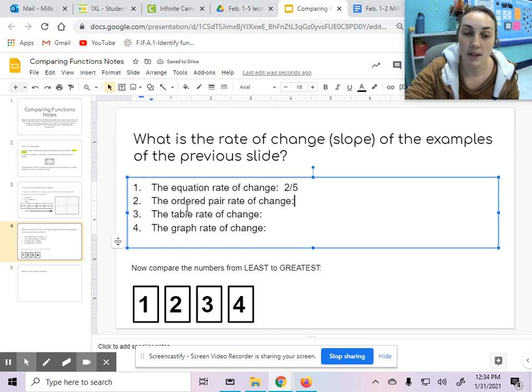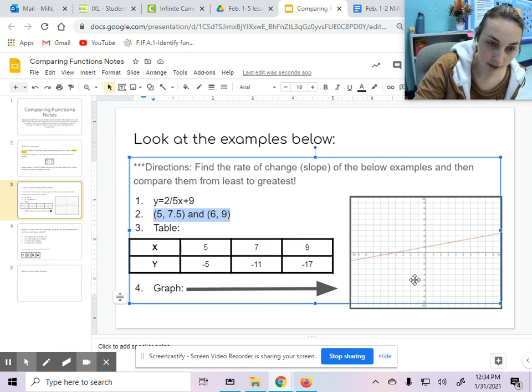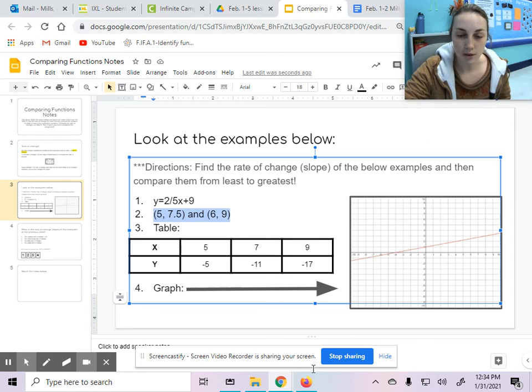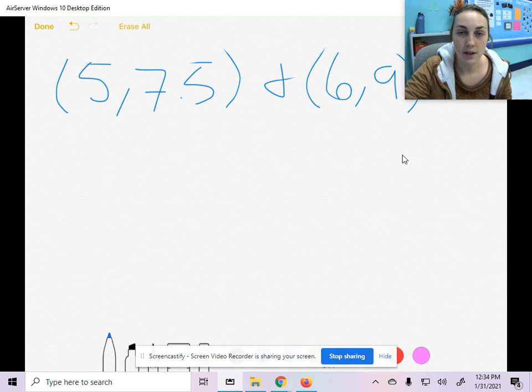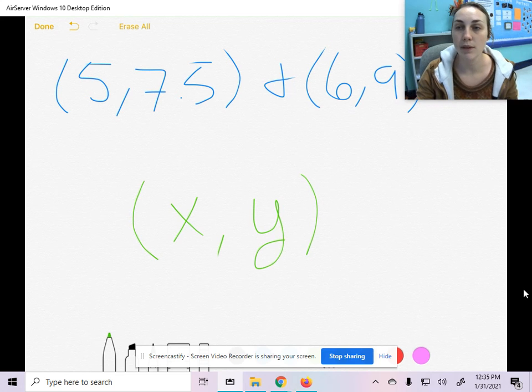Next we need to find the rate of change of an ordered pair. Here's our ordered pair, so I'm going to write that down real quick. We have (5, 7.5) and then we have (6, 9). Here are our ordered pairs. If you remember, when you have an ordered pair, your first number is always an x, and your second number is always a y.